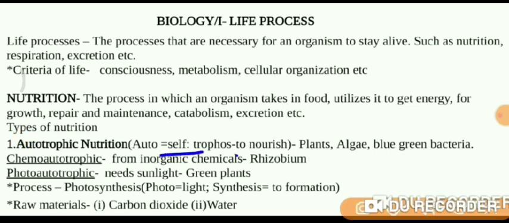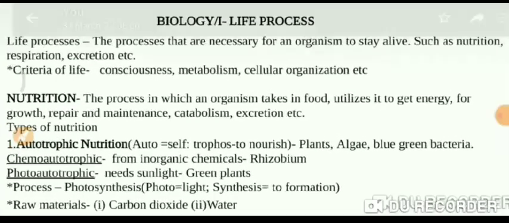Auto means self, and trophos means to nourish. The organisms which make their own food or which are not dependent on any other organism are known as autotrophs, and the mode by which they take their food is autotrophic nutrition. For example, plants, algae, blue green bacteria.